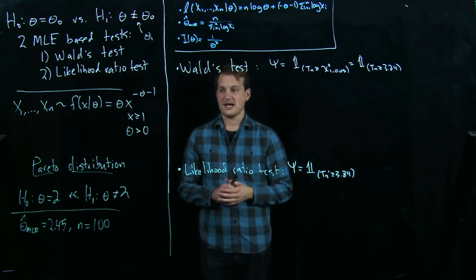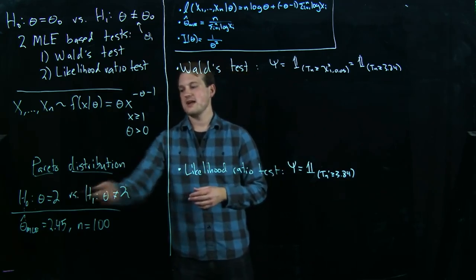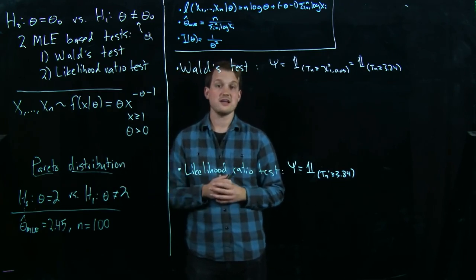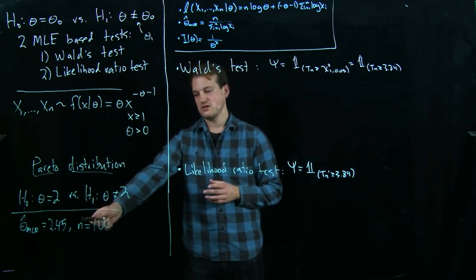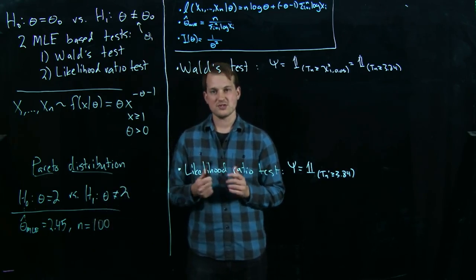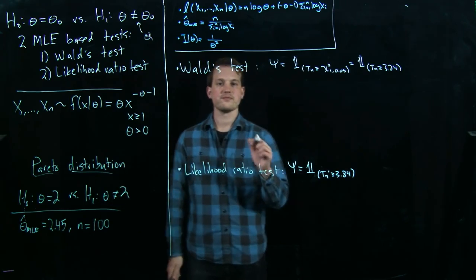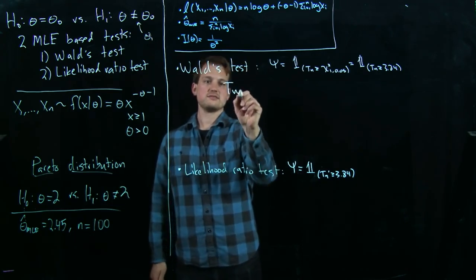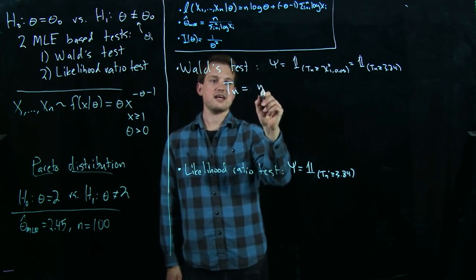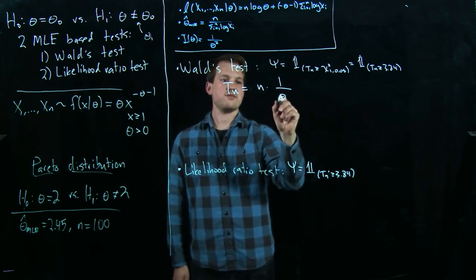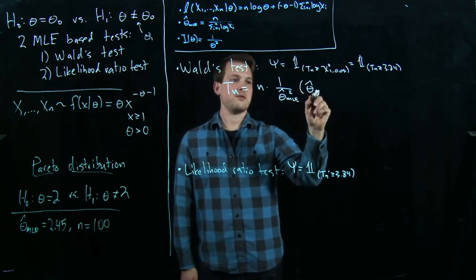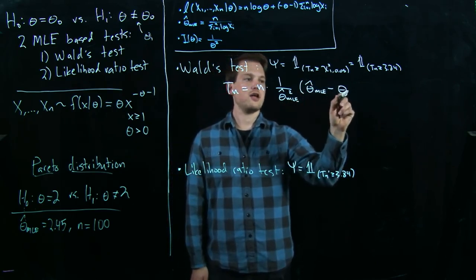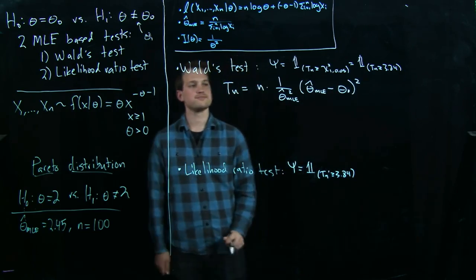So now let's actually do this test using the values that I gave. Let's say we want to test whether theta equals 2 versus theta not equal 2 in this Pareto distribution. Suppose we observe the MLE is 2.45 with a sample size of n equals 100. Remember, Tn is the sample size n times the Fisher information at the MLE times the MLE minus the null hypothesis value squared.